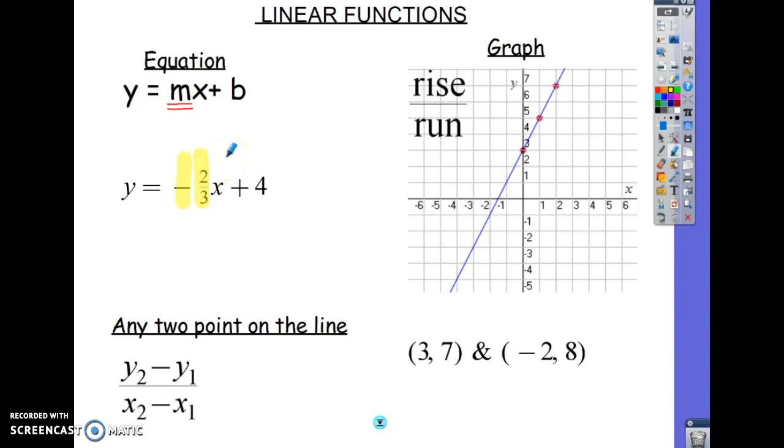In this case, it's -2/3. So instead of m times x, we have -2/3 times x. That's our slope. So we would write m equals -2/3.